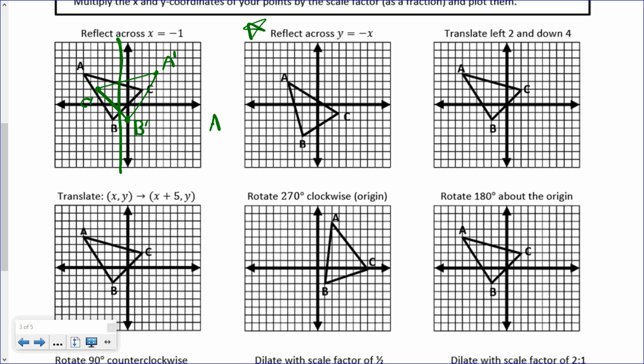So, A. Let's write down the points first. What's A? -4, 3. Okay, so A is -4, 3. I want you to physically write down our work so it's a little bit more neat. So if our point starts at -4, 3, what would the image be after we do the reflection? 3, 4. -3, +4.